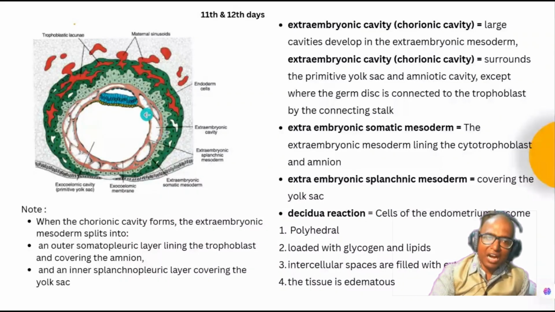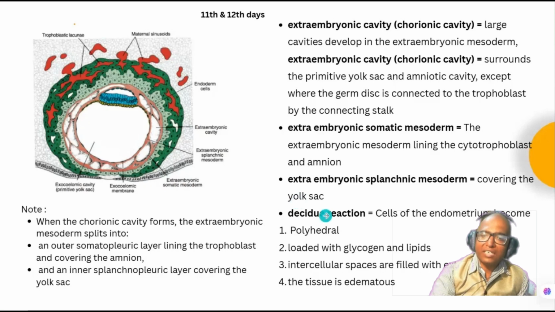The extraembryonic mesoderm lining the cytotrophoblast and the amnion is called the extraembryonic somatic mesoderm, and the mesoderm which covers the yolk sac is called the extraembryonic splanchnic mesoderm.